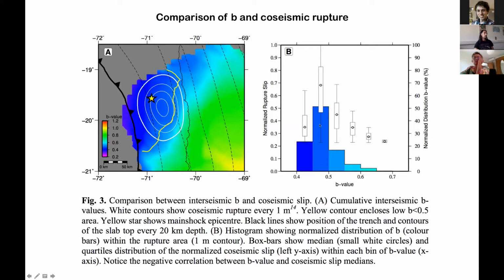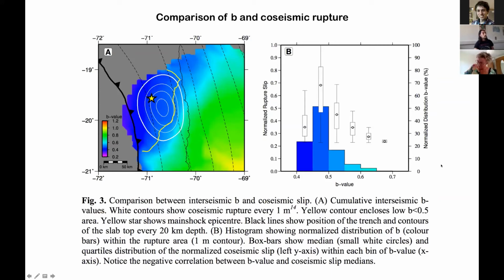So, for example, again, for the range of 0.45 to 0.5 b-value, this circle here indicates the median of the coseismic slip within this range of b-value. And the bars indicate the quartiles of the distribution.